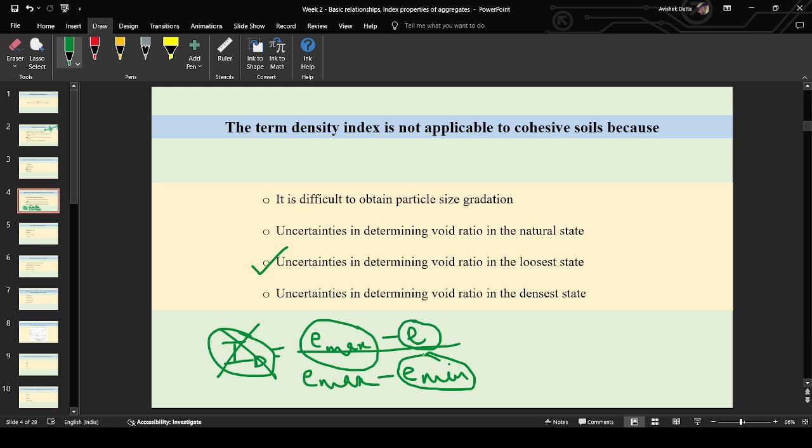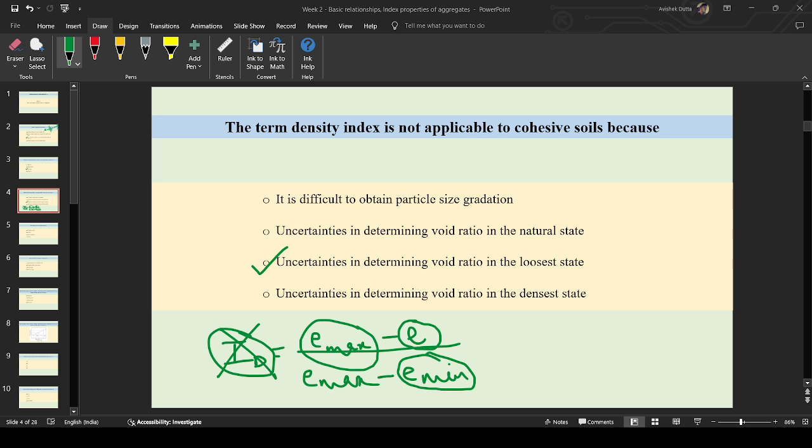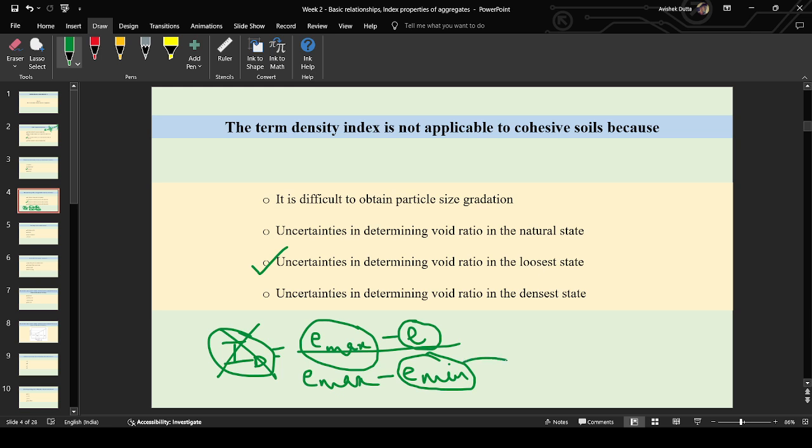Once we have obtained theoretically in the laboratory the maximum level of compaction in a clay soil, the maximum dry density corresponding to the optimum moisture content, that can correspond to e minimum. But no matter how much water we add or how much we break the soil so that it has a large number of voids, what is the maximum value of void ratio?